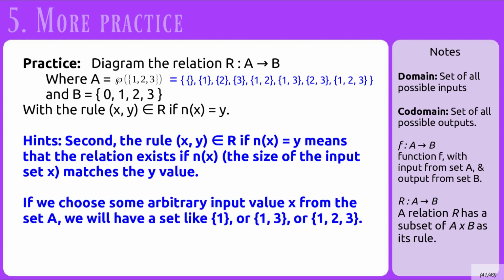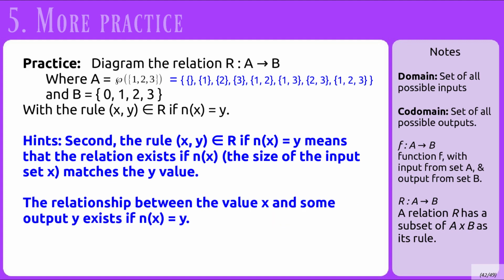So to reiterate, if we choose some arbitrary input value x from the set A, we might have something like the set that contains 1, or the set that contains 1 and 3, or the set that contains 1, 2, and 3, and the relationship between the value x and some output y exists if the size of the set x is equal to the value of y.